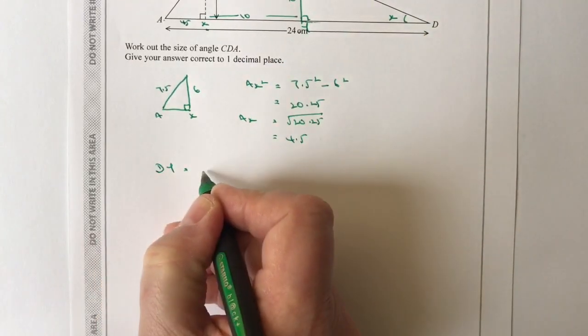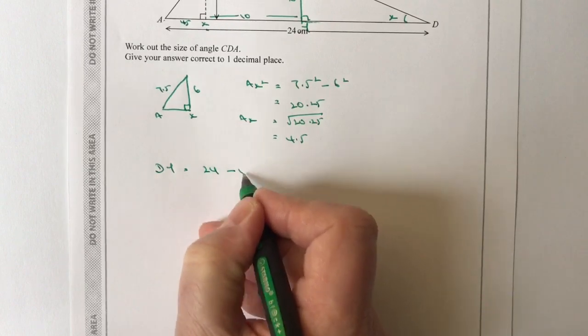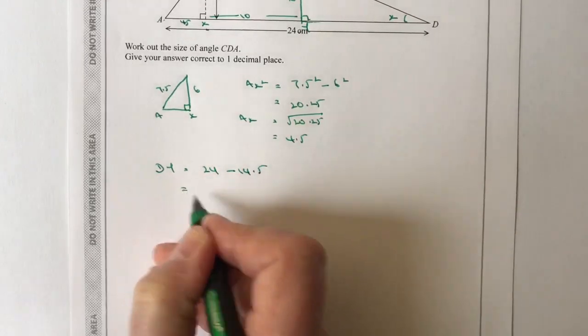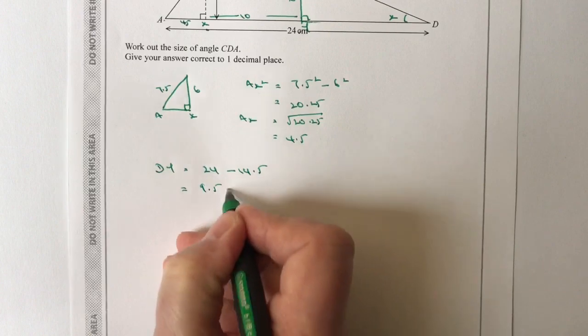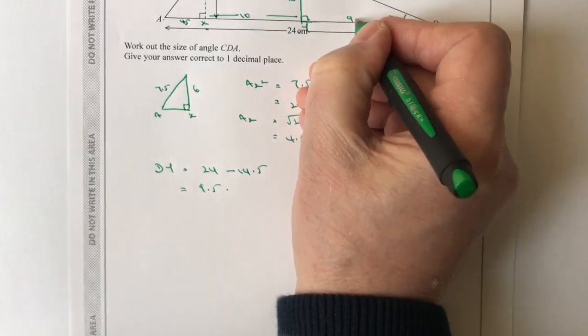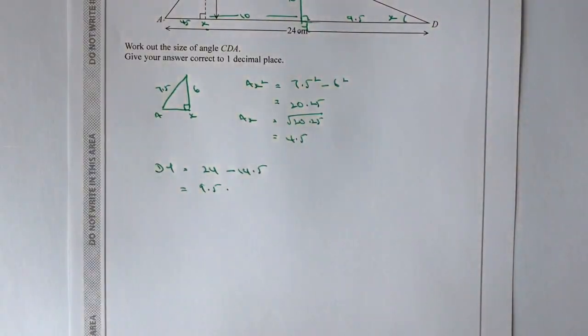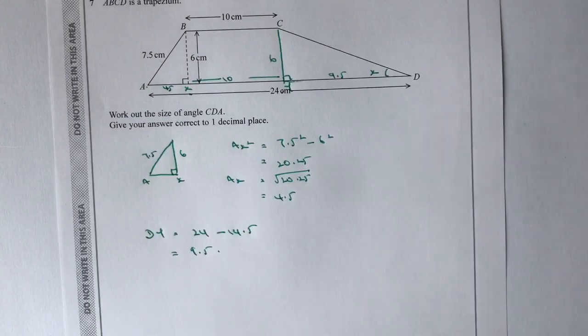So dy equals 24 minus 14.5, so that's 9.5. I know this length is 9.5, and I know that the height of the triangle is 6. So I'm now in a position where I can use this information to work out the value of the angle x by using SohCahToa.